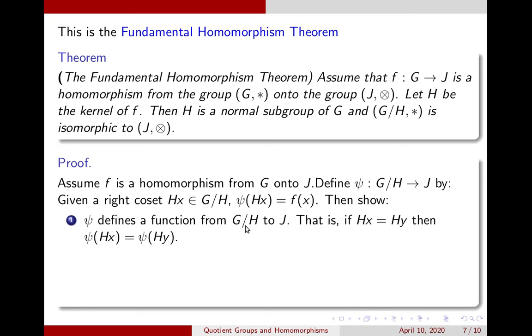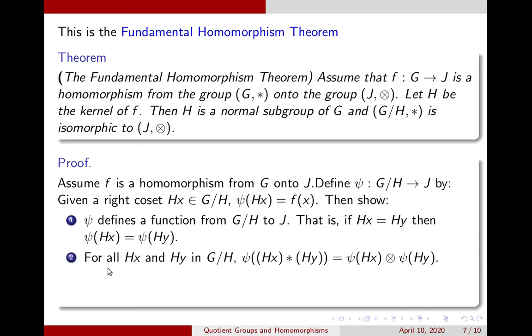Okay, several things we have to prove about psi. The first is that this definition doesn't depend on how we represent the right coset. So we would have to argue that if we had 2 different representations, H times x and H times y, of the same coset, then this definition of psi gives us the same output.